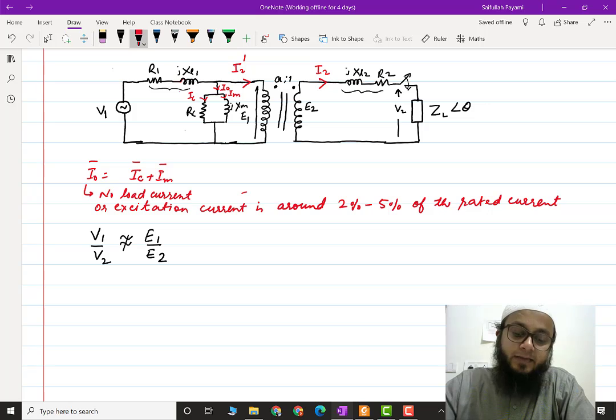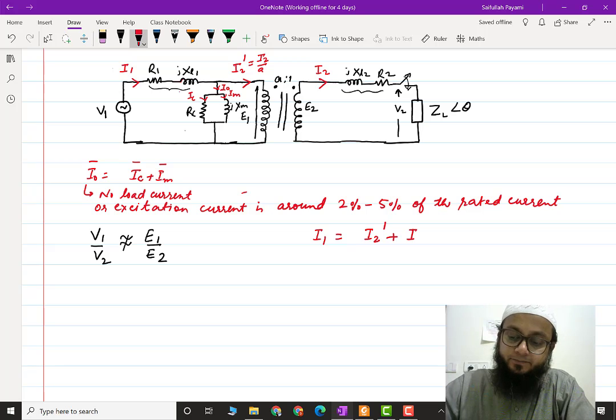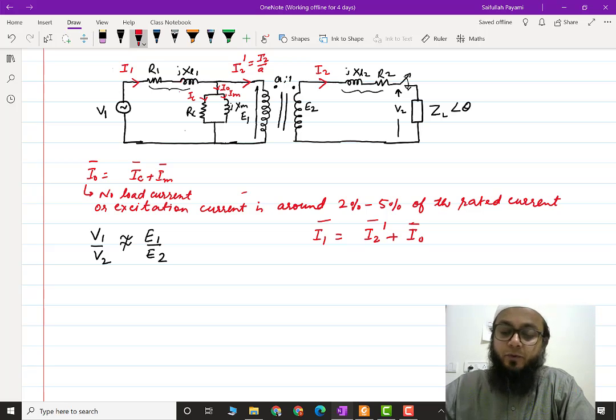This I2 dash would be I2 by A, but from the source it would be I1. So the current drawn from the source, I1, would be equal to I2 dash plus I naught, where I naught is the no load current. These are all phasor quantities.